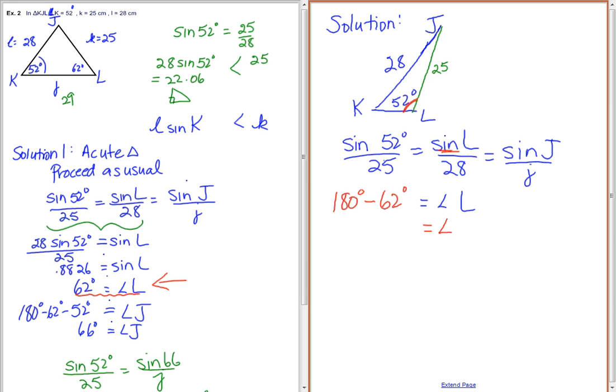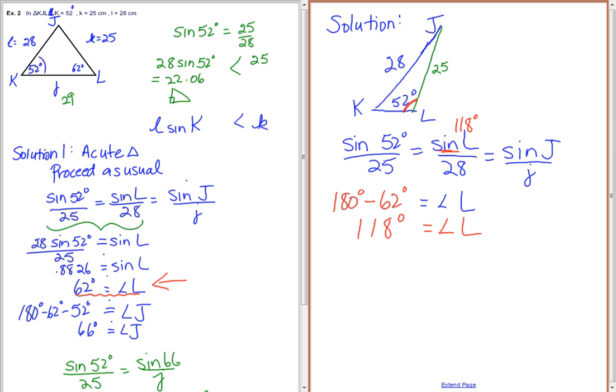So this is how we get our other possibility for angle L, to subtract from 180 to get the obtuse possibility. So we are going to get 118 degrees as our other answer for L. So for this triangle, we have 52 degrees, 118 degrees.